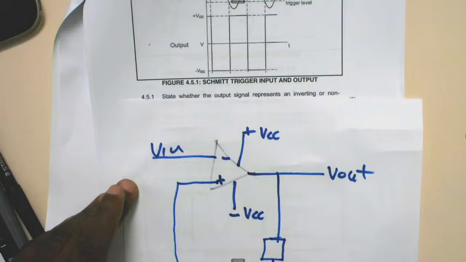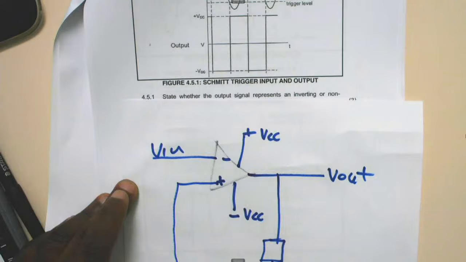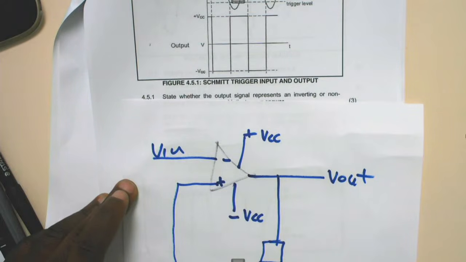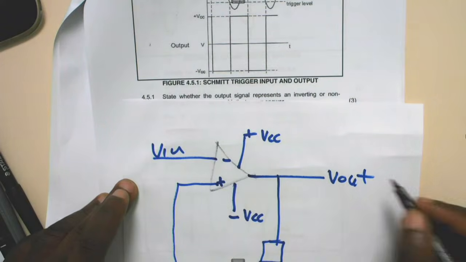Then parallel to it, you'll have your R1, which is connected to the ground. And here you look at your 0V, then V out, V in.